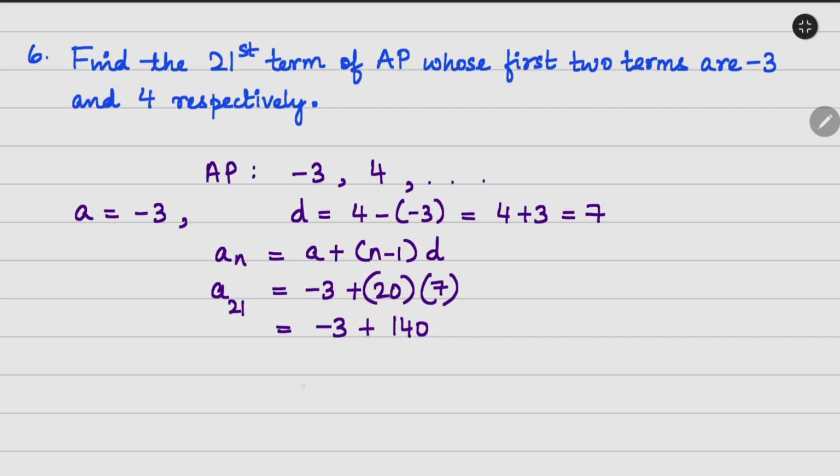So 140 minus 3, which is 137. So that's your 21st term. The 21st term of the AP is given by A21 is equal to 137, and that's your answer. Let's move on to the next question.